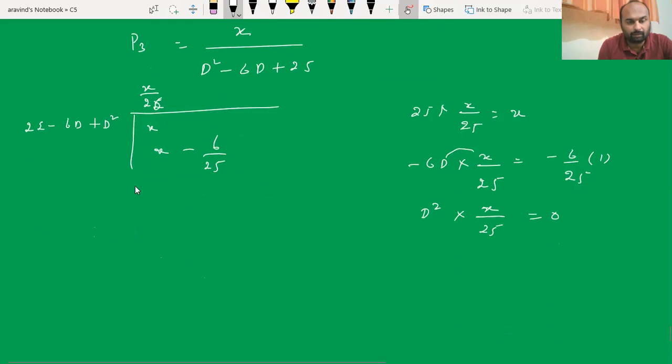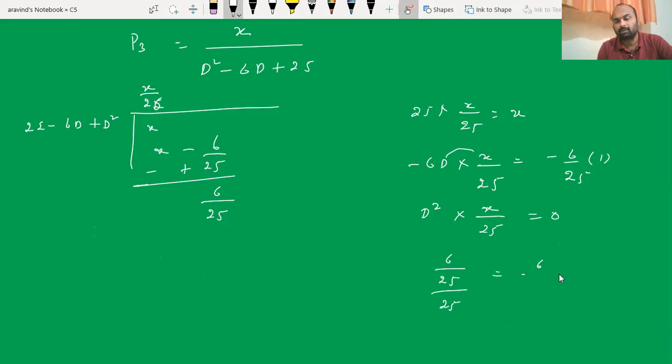Now you subtract here. So this becomes minus and this is plus. So it is 6 by 25. Now you divide this 6 by 25 again by 25. It becomes 6 by 625. So you write it here, that is 6 by 625.